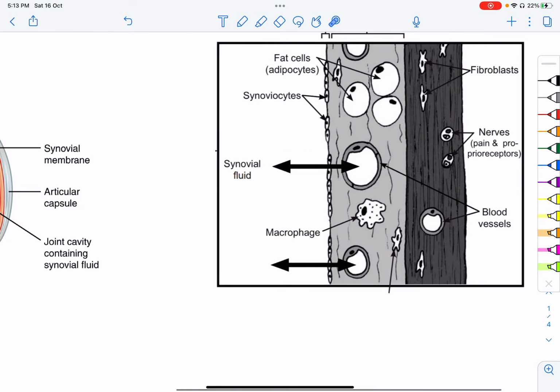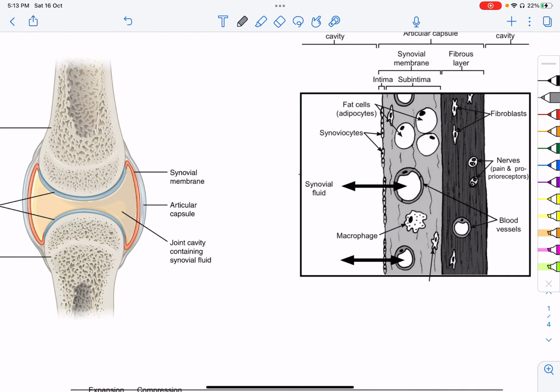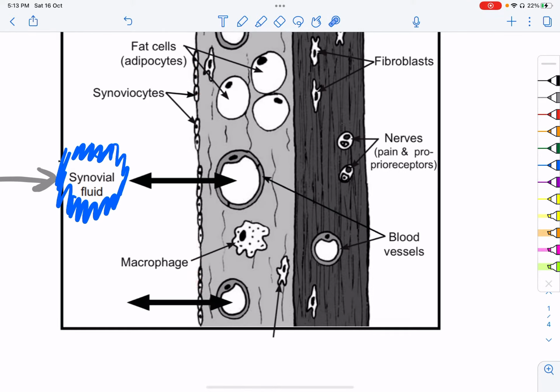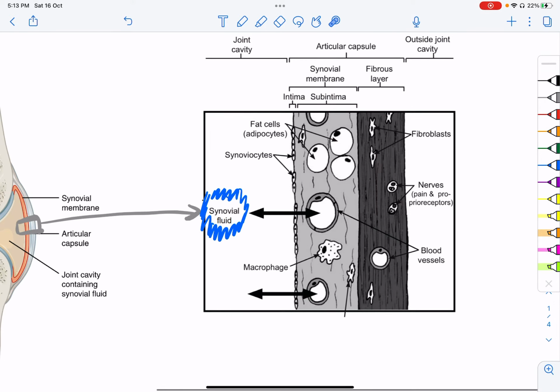Now if we have a deeper look, if we were to have a slice taken, this is what it would look like. In here we'd have all of this synovial fluid, which is acting as that lubricant, and that is being secreted by these synovial cells within the intima of the synovial membrane.